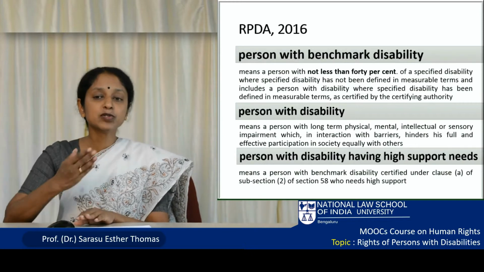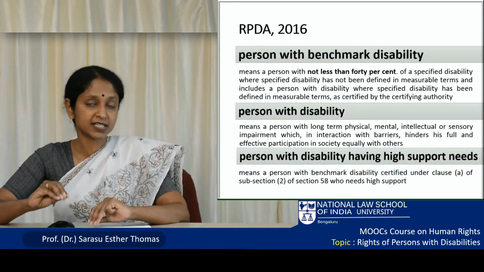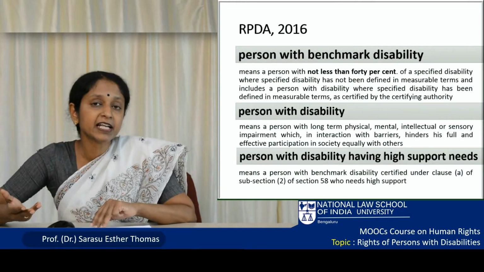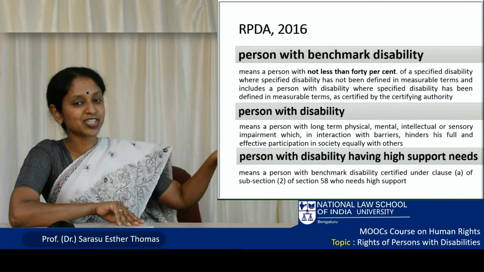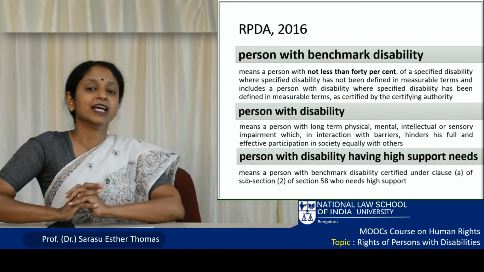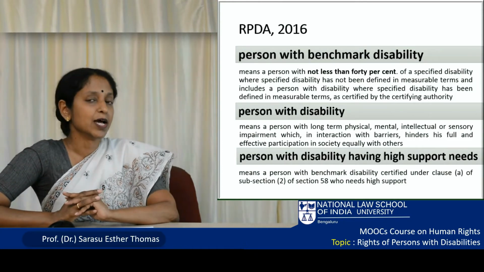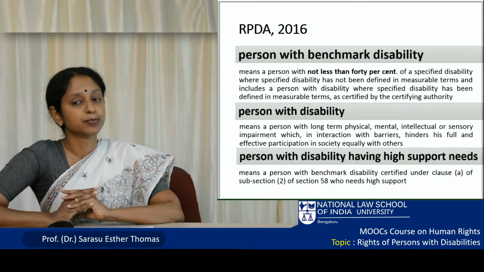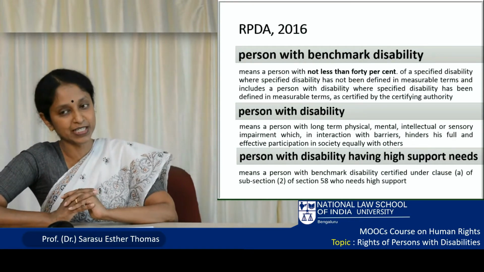And it includes a person with disability where specified disability has been defined in measurable terms. This has to be certified by a recognized authority. If you look at the next definition, it is a person with disability having high support needs, the last one. And that means someone who requires much more support. And in the middle, we see a general definition, that is, a person with disability.